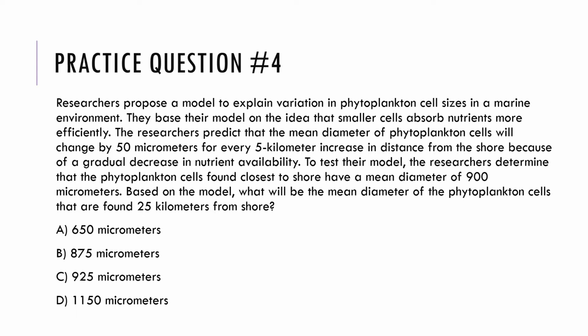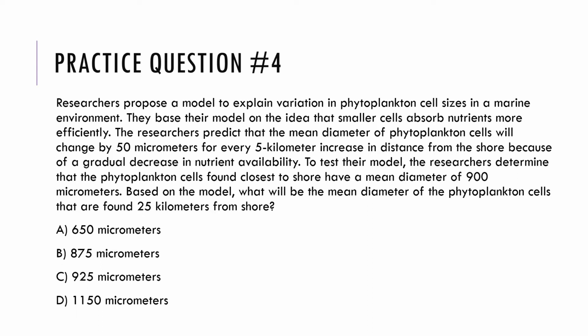Researchers propose a model to explain variation in phytoplankton cell sizes in a marine environment. They base their model on the idea that smaller cells absorb nutrients more efficiently. The researchers predict that the mean diameter of phytoplankton cells will change by 50 micrometers for every 5-kilometer increase in distance from the shore because of a gradual decrease in nutrient availability.